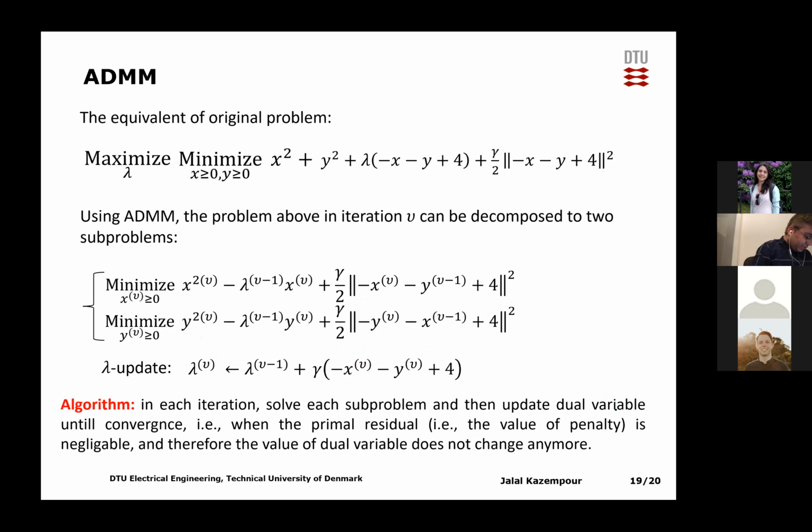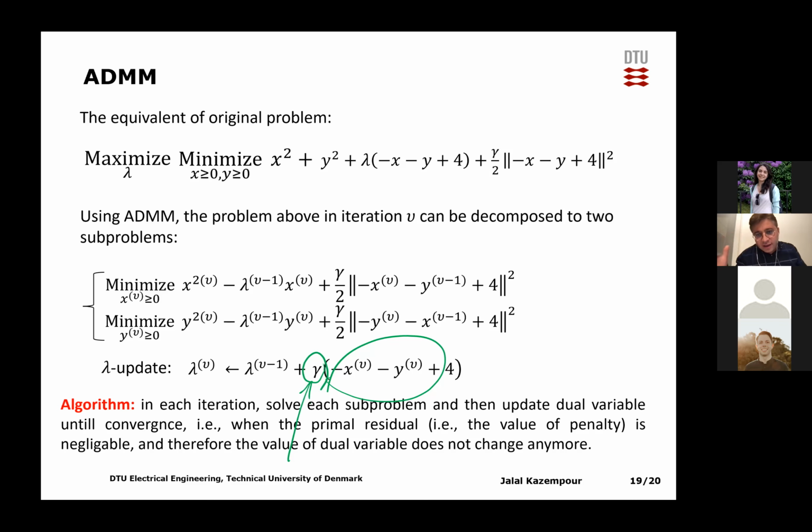So for the algorithm, we do it until the complicating constraint is not changing anymore. The very tricky thing in ADMM is tuning gamma. It's not very easy to know what to do. In Boyd's paper, there are some tips on how to dynamically update gamma. You don't need to keep it constant over iterations.